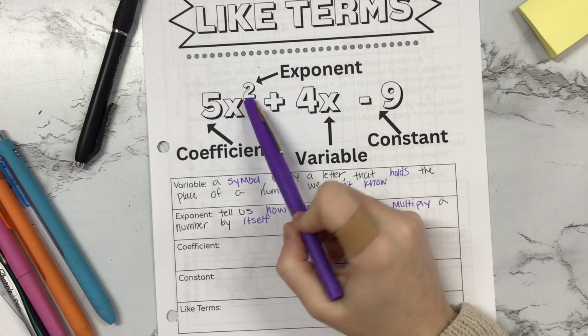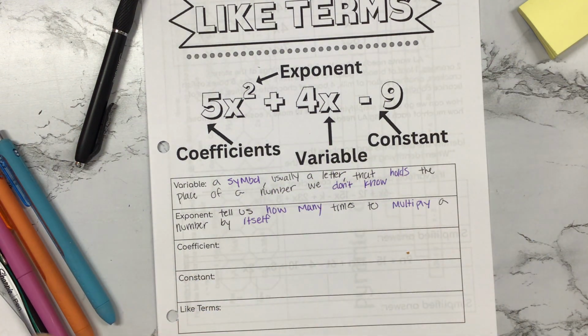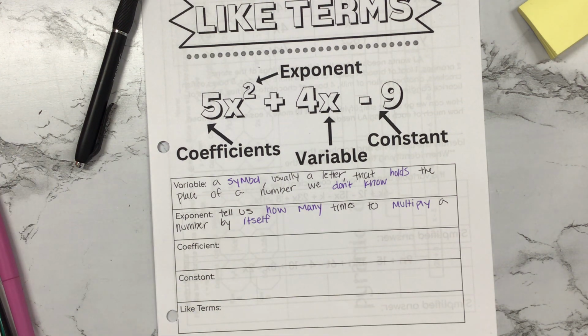So that is this little 2. It's kind of on that shelf of the X. Sometimes we also call it the power. So to the power of 2, or this one would be squared. Okay.